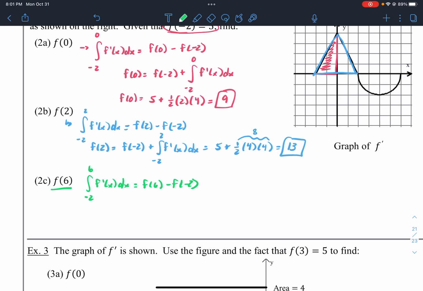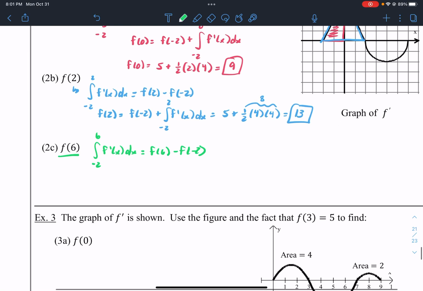Now I'm going to move that part over, because I'm trying to solve for f of 6. So f of 6 equals f of -2 plus the integral from -2 to 6 of f prime of x dx.